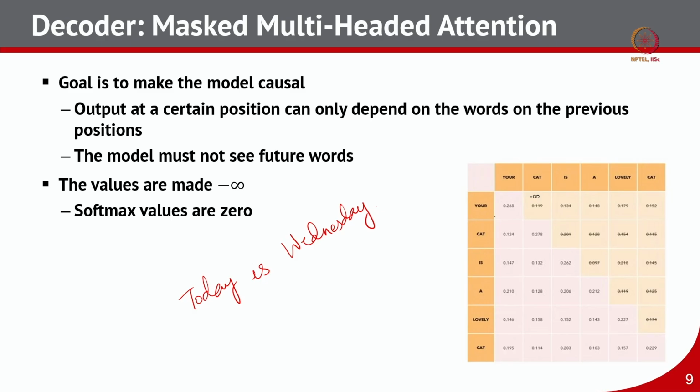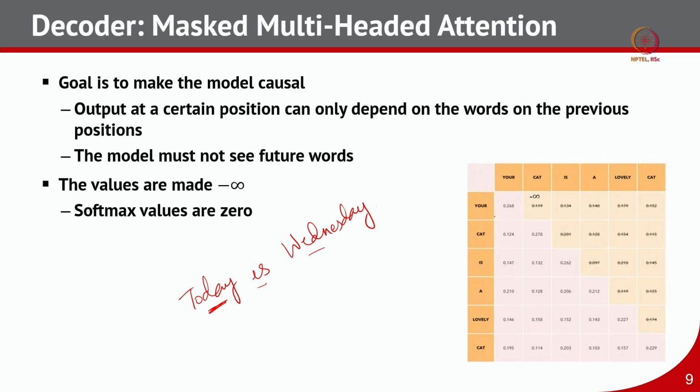Now, whenever we are performing the self attention, then whenever this word today is getting generated, it has no visibility on is and Wednesday, correct. So, it should not see the words which are coming next, right. So, that is why the goal is to make the model causal.